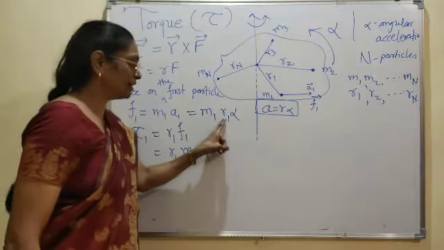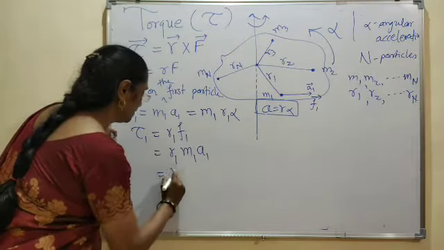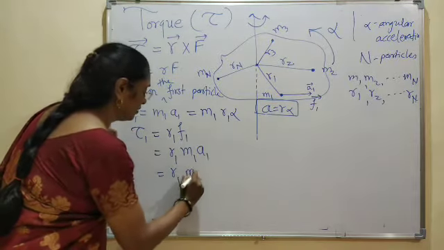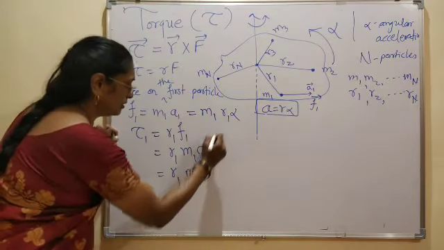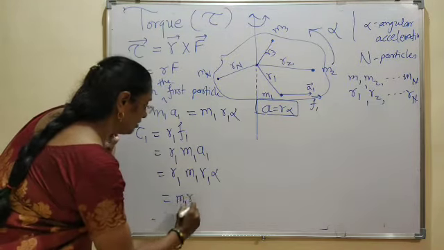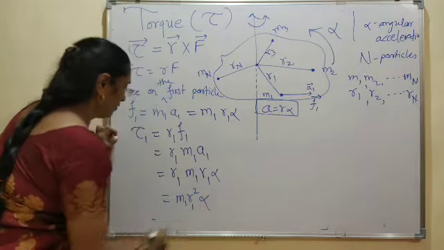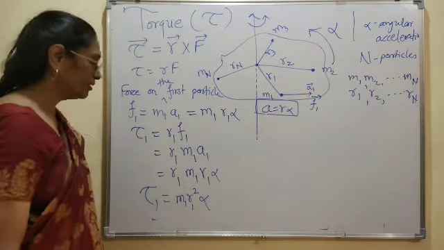So for a1 we substitute r1 alpha in this equation. Let us continue: a1 is r1 alpha, and we get m1 r1 square alpha. This is the torque acting on the first particle.